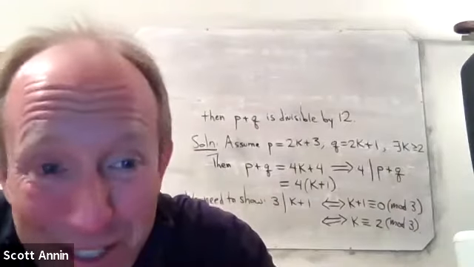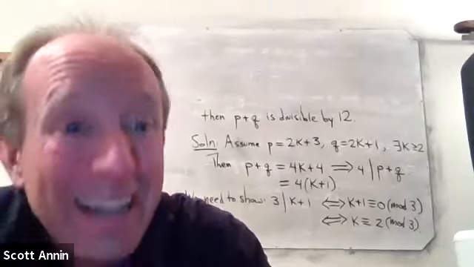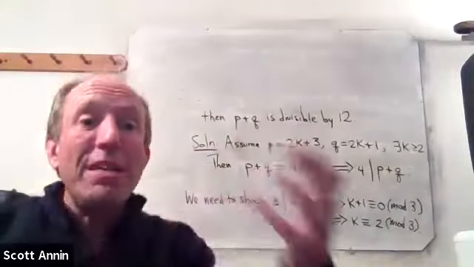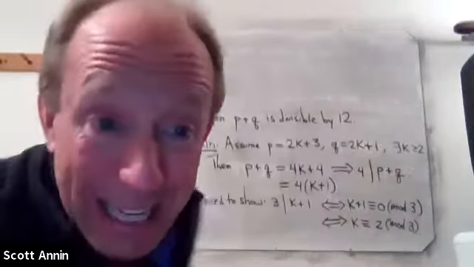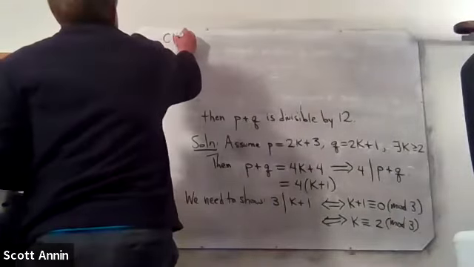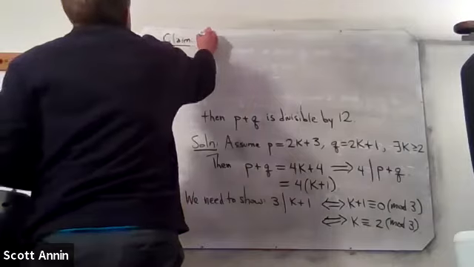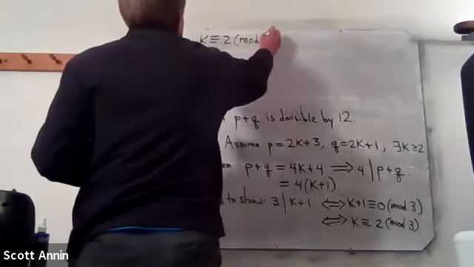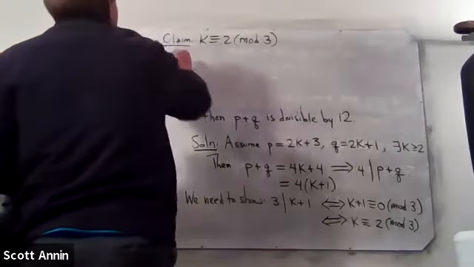If it's not congruent to 0 and it's not congruent to 1, then by default it would have to be congruent to 2 in mod 3. So the claim is, and this is another strategy, guys, to do proof by cases, so to speak. Let's prove that k is congruent to 2 mod 3.